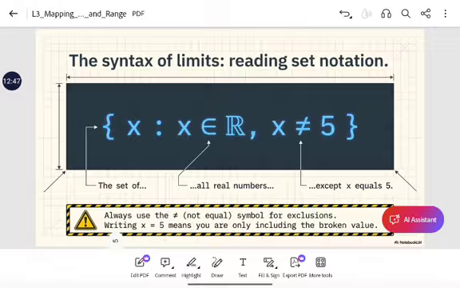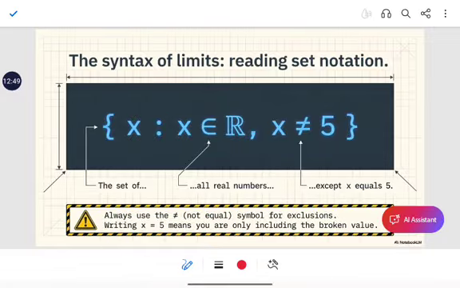So this is a common mathematical expression, and it is read as x is such that x is a member of real numbers, comma, x is not equal to 5.